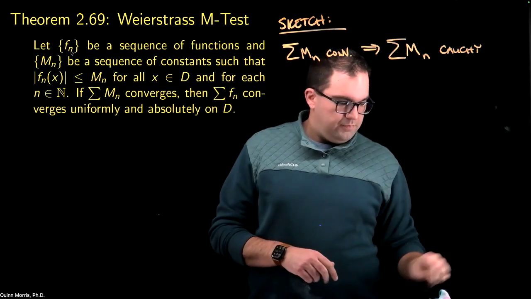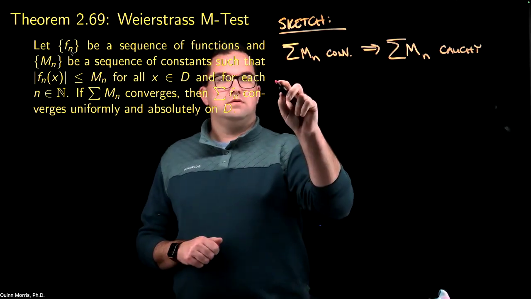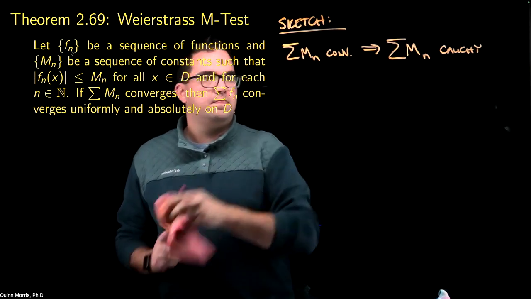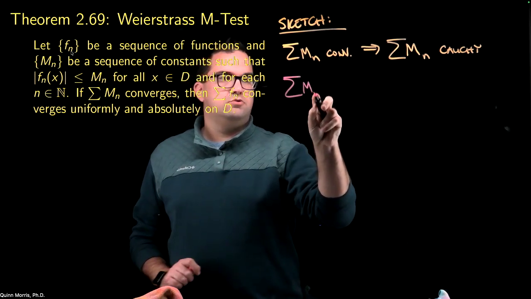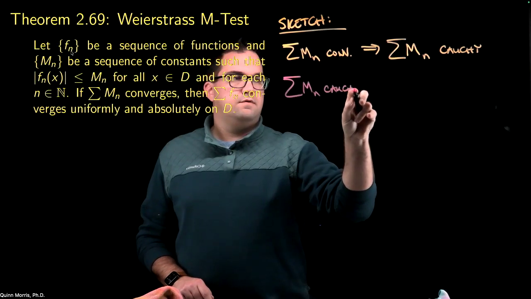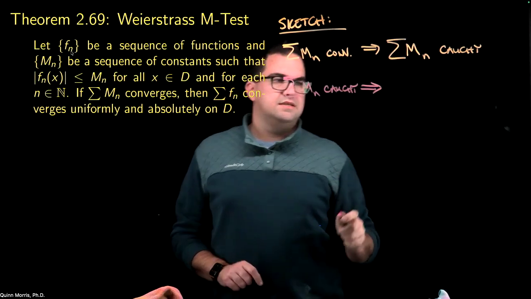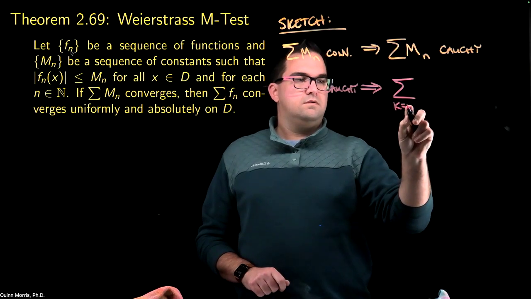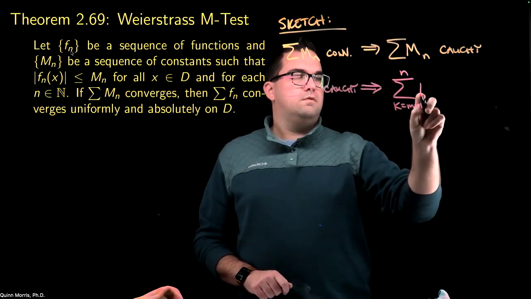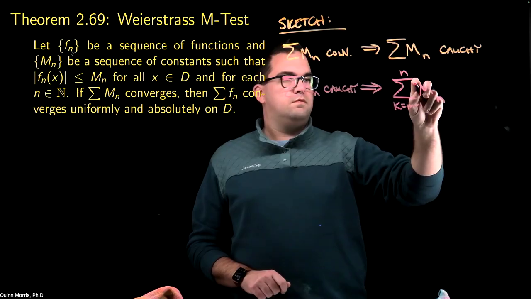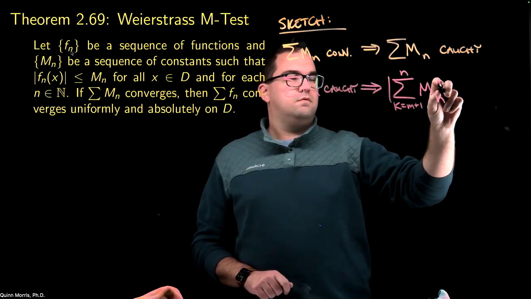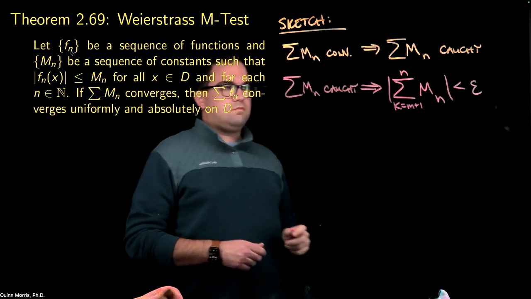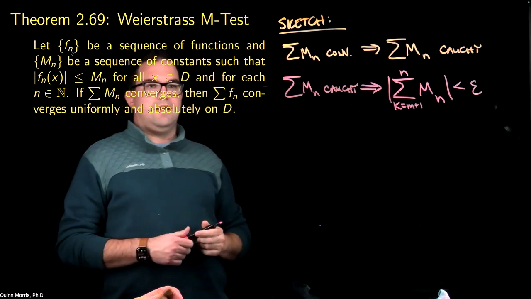So if this is Cauchy, this implies that I can make this difference as small as I would like.